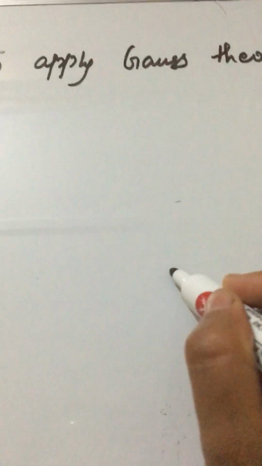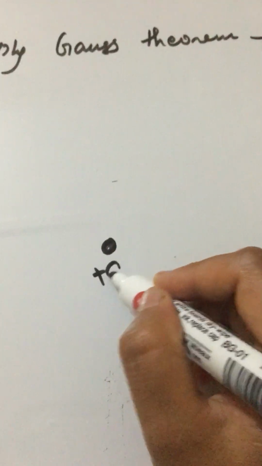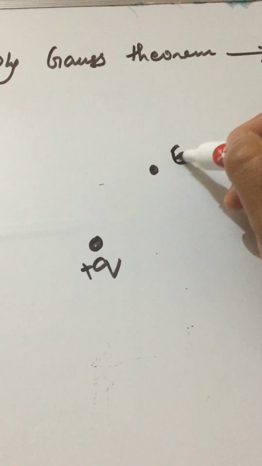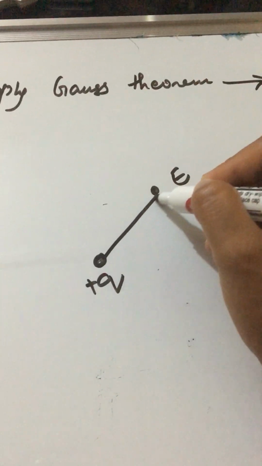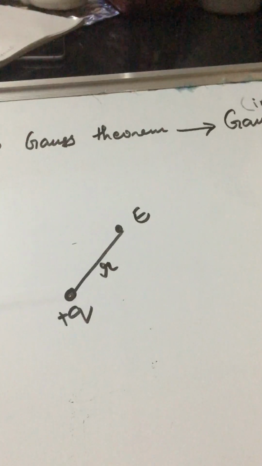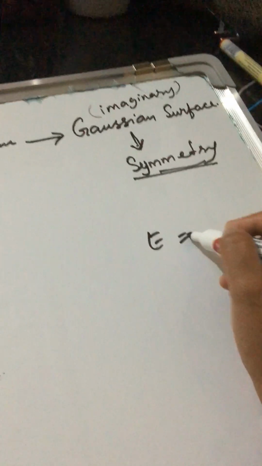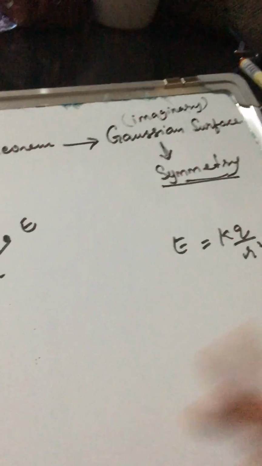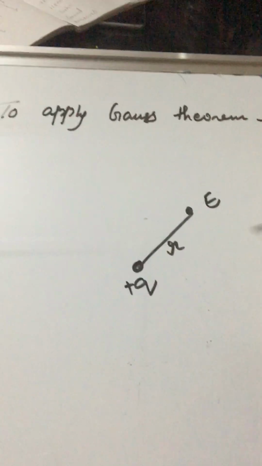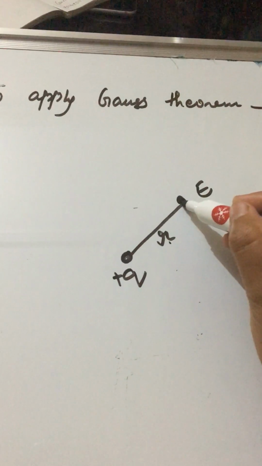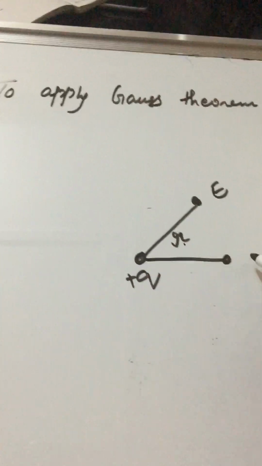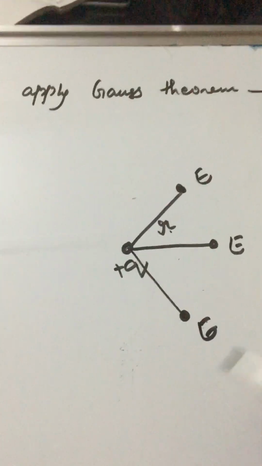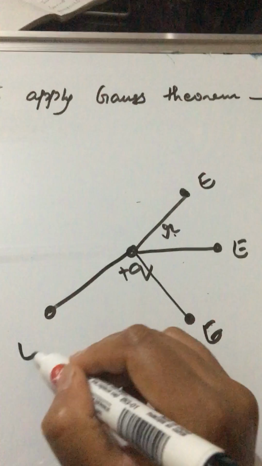Let's see. Here is a point charge. This one we have already done. Now it is desired to find the electric field at this point. We have done this derivation already, but still, we know that E is equal to KQ by R square. So at this distance R, the electric field is E. At the same distance R, the electric field will be E, in every direction.